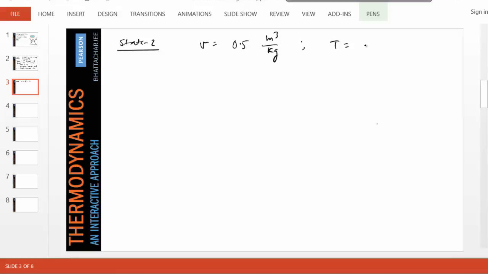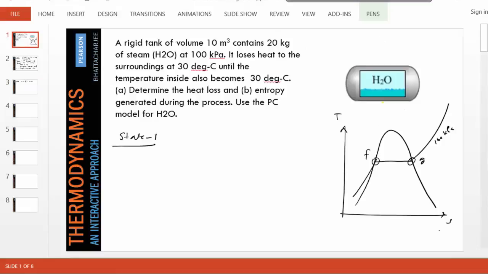We know the temperature, which is the same as the surrounding temperature. The surrounding temperature is given in this problem, 30 degrees Celsius, whereas this thing is cooling down from about 100 degrees Celsius, because at 100 kPa we know the temperature is 100 degrees Celsius, and this is our state.